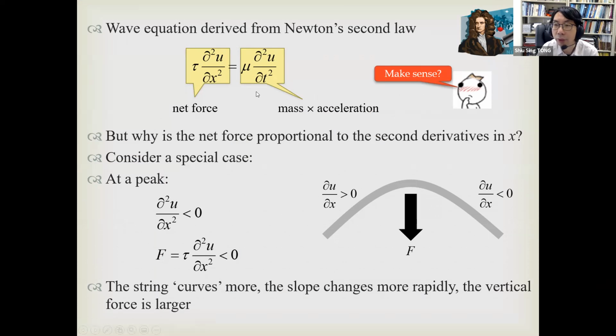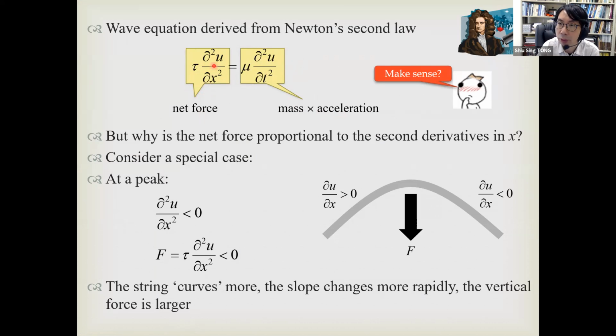Now, when we look at the wave equation, it sounds a little bit funny, a little bit strange. We notice that the right-hand side, apart from delta x, is the mass times the acceleration, right? So the left-hand side must represent the net force. Is that right? But the net force sounds strange.